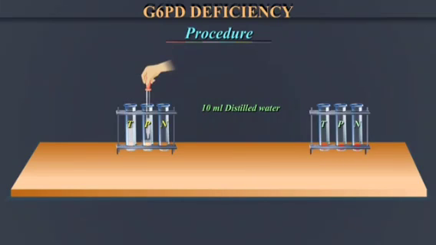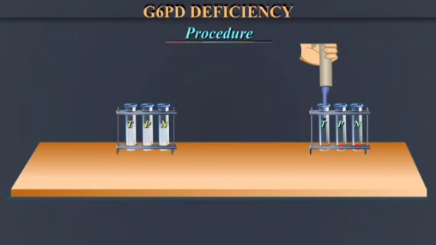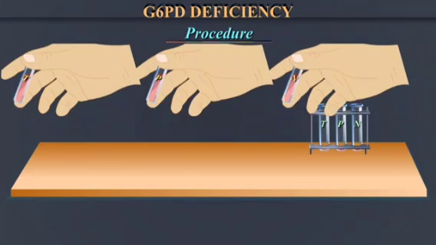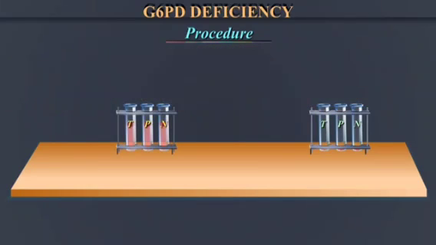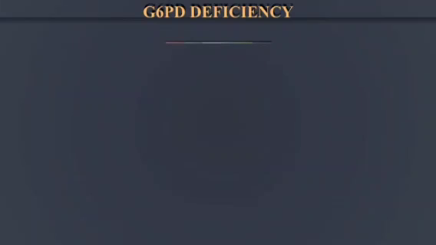Add 10 ml of distilled water to each tube. Now take 0.1 ml of aliquots from corresponding original tubes and add to these new tubes. Step 4. Mix by repeated inversions and wait for 2 minutes for the color to develop. Now match the color of the test with that of the positive and negative control tubes.